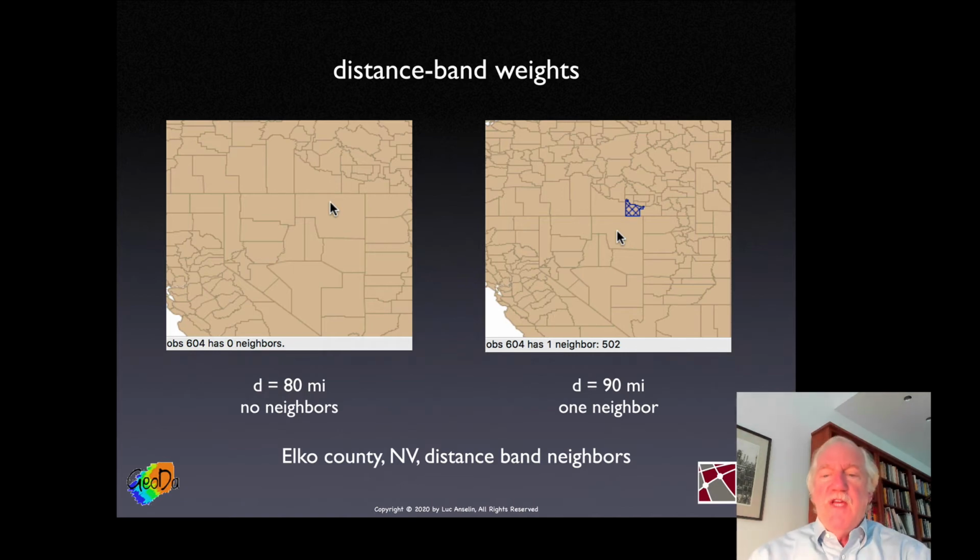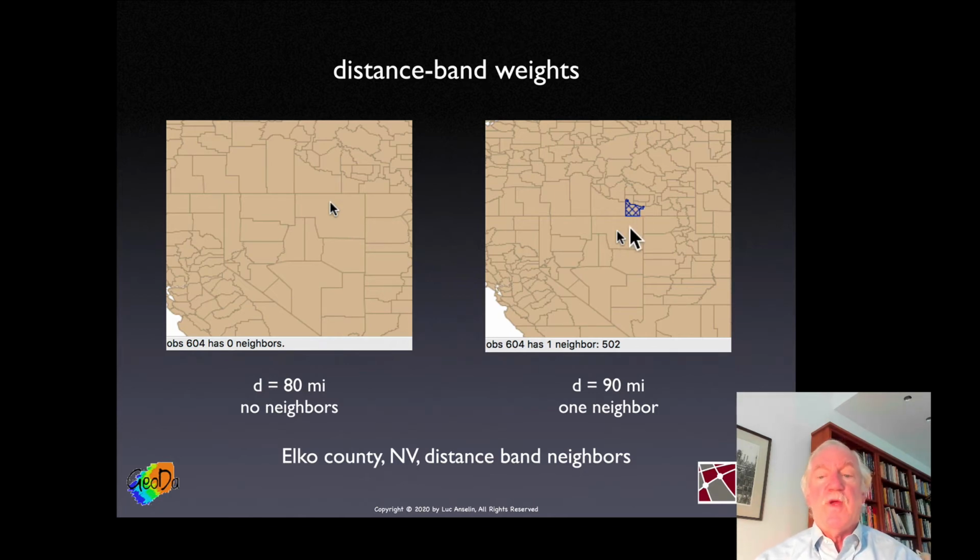So if we take the critical distance of 90 miles from the centroid of Elko County to the central points of all the other counties, it has exactly one neighbor. And this is Idaho up here, so this is in the direction from Nevada to Idaho in the US.